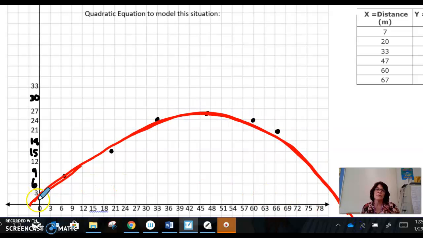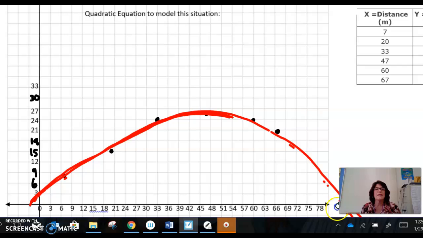Something like so. I wanted to hit that spot a little bit better. So there's my best attempt. I did it a few times to try to get a parabola that looked like it was hitting most of the points.